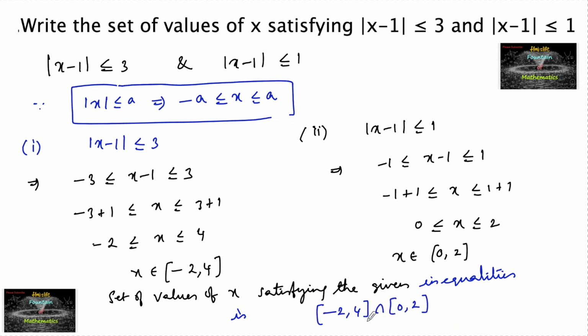So minus 2 to 4 intersection with 0 to 2 is, the answer can be taken as 0 comma 2 including 0 and 2.